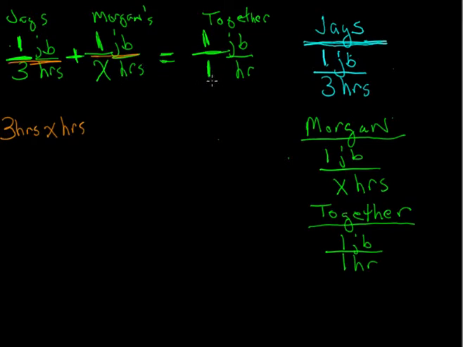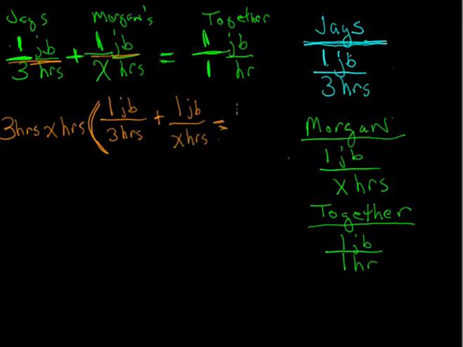And we have 1 hour here. So I'm going to multiply this entire system by 3 hours times x hours. Now notice for right now I'm keeping the unit. As we do more of these, we just need to be aware of our units and we can attach them on at the end.